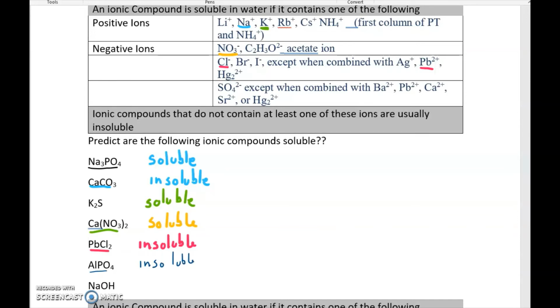And sodium hydroxide. Sodium is one of our ions that's mentioned as being soluble, so we'll expect this compound to be soluble.